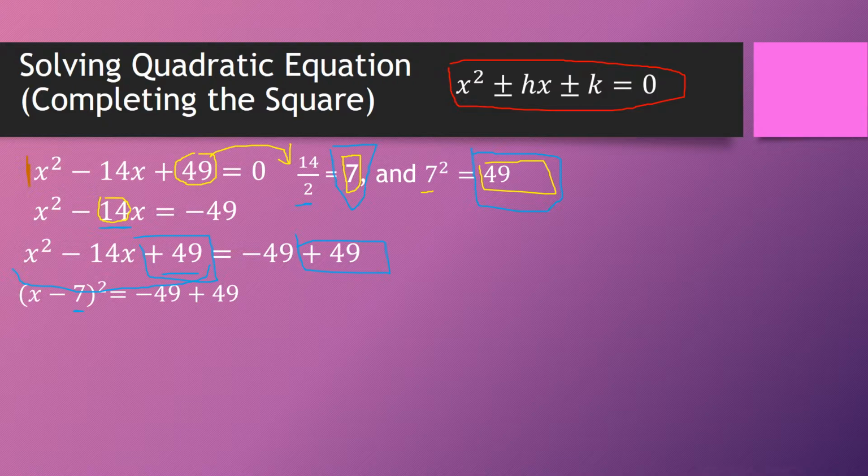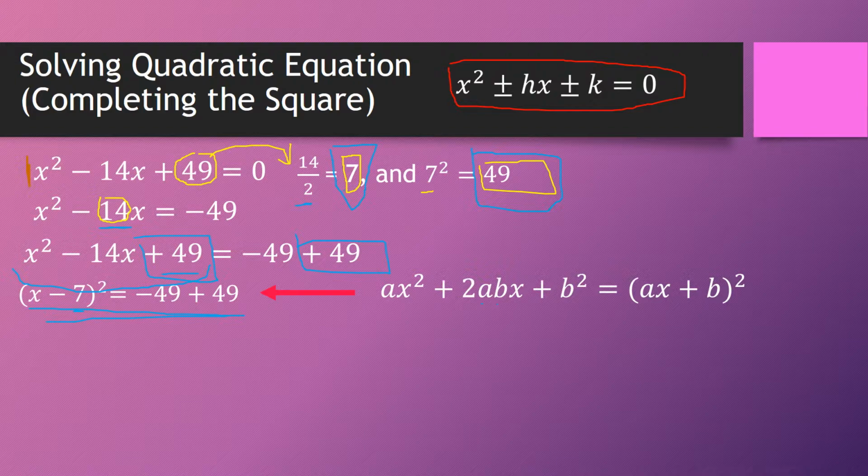And now, what do you do now? 49 minus 49 is 0. Listen now to me. I did this because you know from the class before with completing the square, when you had an expression like this, you see, 14 is equal to 2 times 7 times 1. A is 1, B is 7, and 1 times 7 is 7, times 2 is 14.